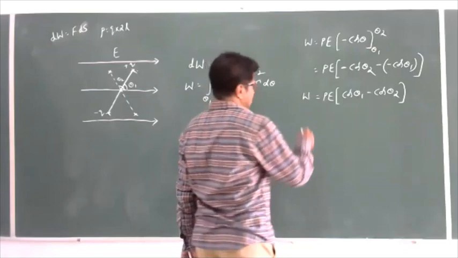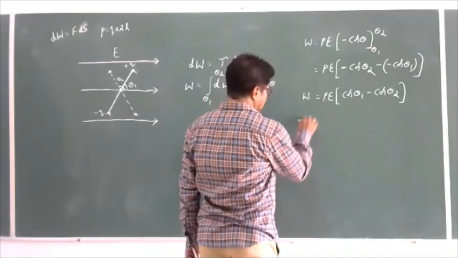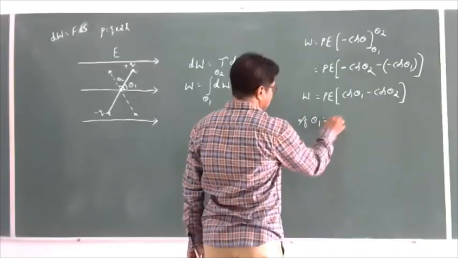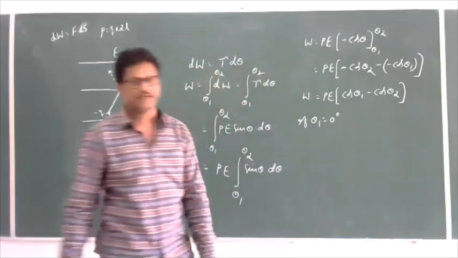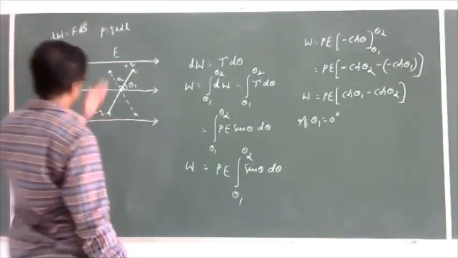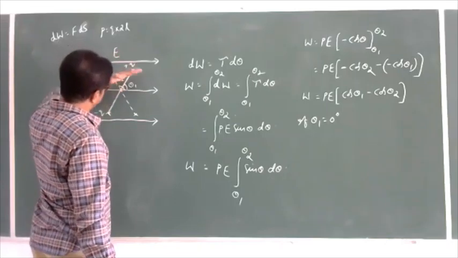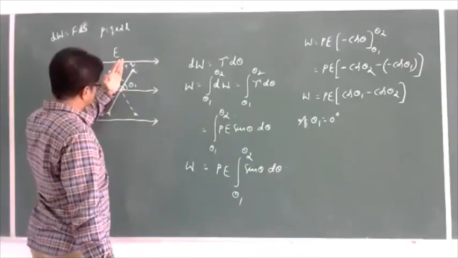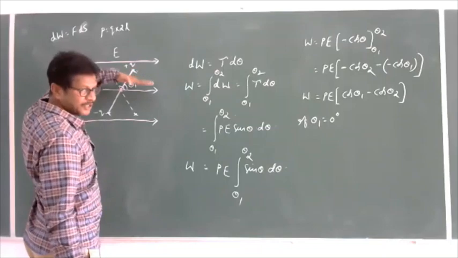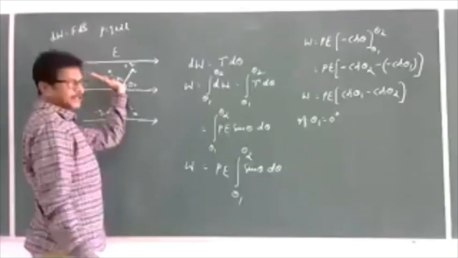Okay, so if theta 1 is equal to 0, that is nothing but an electric dipole is placed parallel to an electric field initially. Now I am rotating this.